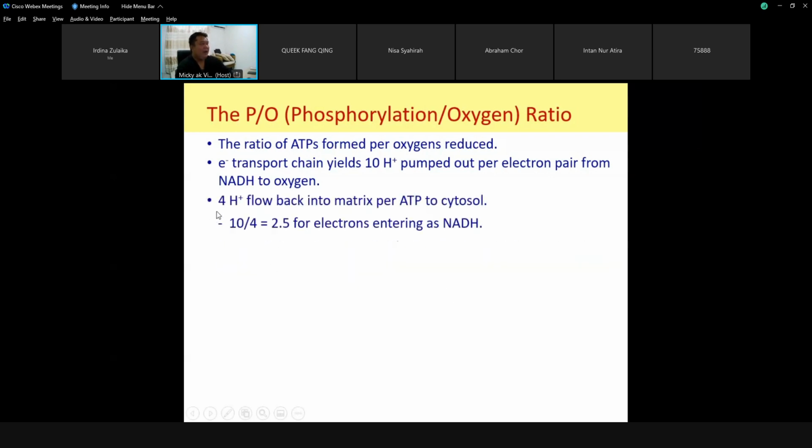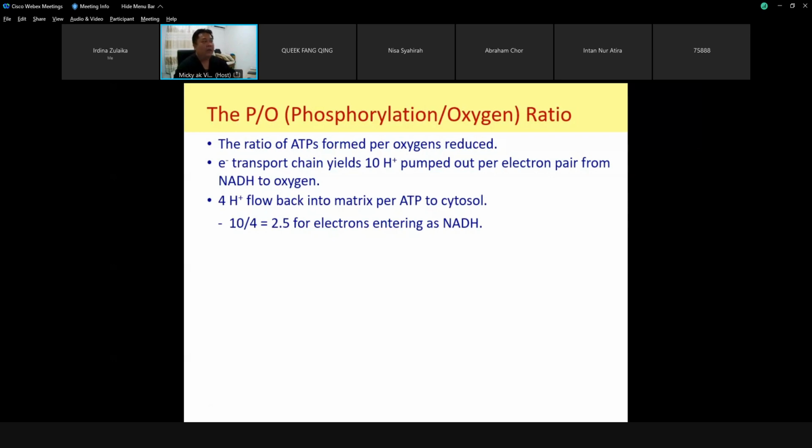So that is why the ratio should be 4 hydrogens pumped into the matrix per ATP to the cytosol. That's why we divide the total of 10 by 4. The 4 is from the 4 that goes into the C structure, the stalk. So by right, one NADH will not actually produce 3 ATP, which you believe from your pre-university, from your STPM, where they always say 1 NADH gives 3 ATP, 1 FADH2 gives 2 ATP.